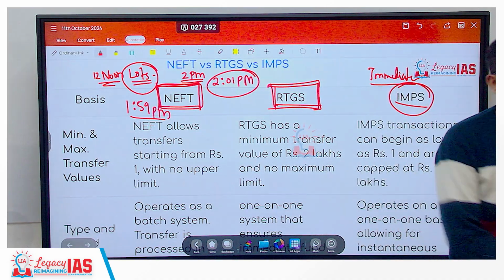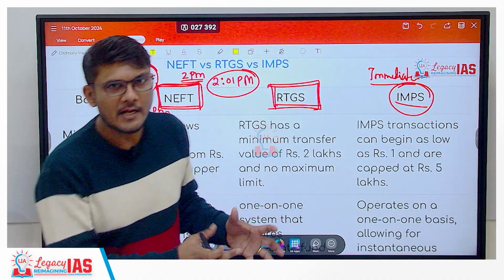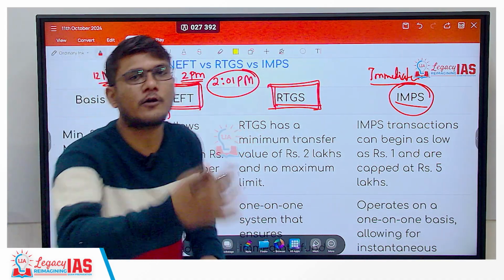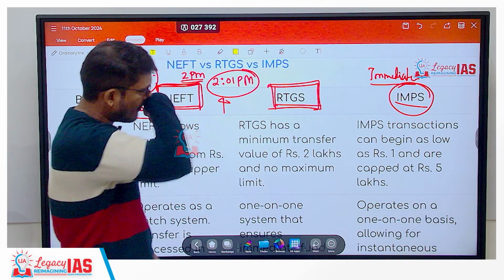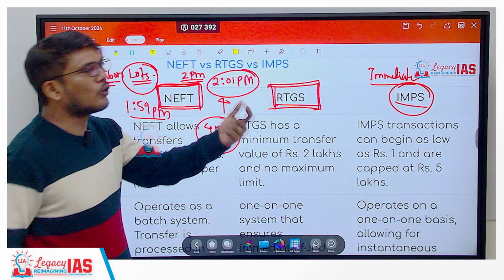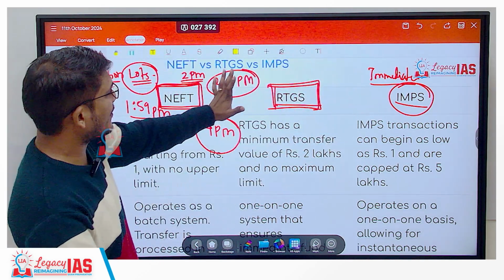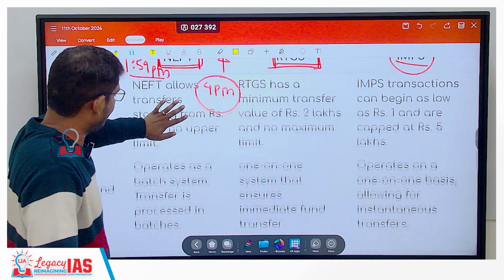Whatever payments have happened during that time are kept, and as the cutoff time is reached, these payments take effect and a new cutoff time starts. So anyone who makes payment at 1 past 2, the next cutoff time may be 4 p.m. So their payment will go through at 4 p.m. So this is the basic difference between IMPS, RTGS and NEFT.